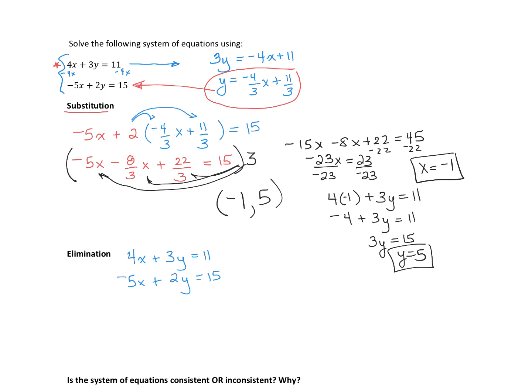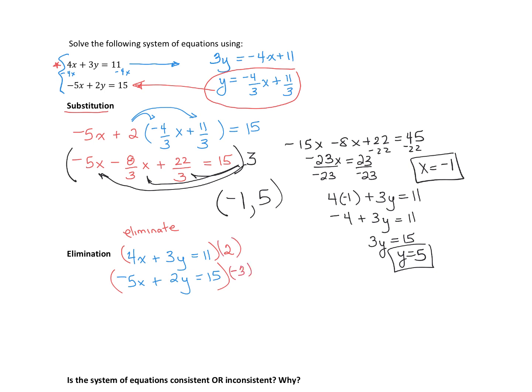So I'm looking here, I can choose whatever variable I want, but I'm going to eliminate the y's, which means I need, in these equations, one of these to be a 6. So I'm going to multiply this equation by 2. That will give me a 6y. And down here, I want it to be negative 6, so I'm going to multiply by negative 3.